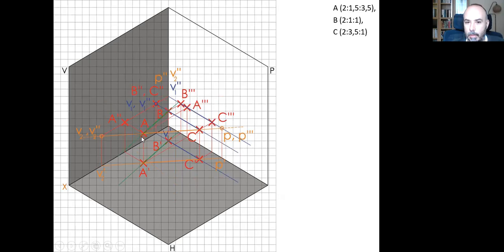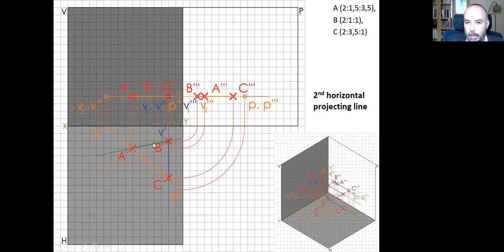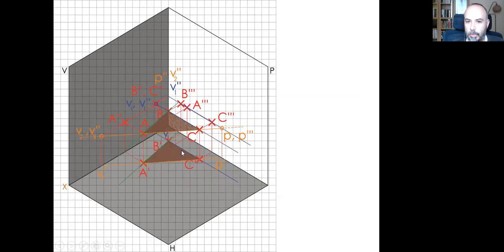And when we combine A and B, we can find our third line here with its trace and projections. And here in this triangle area is our plane. That's our plane created by 3 different points.